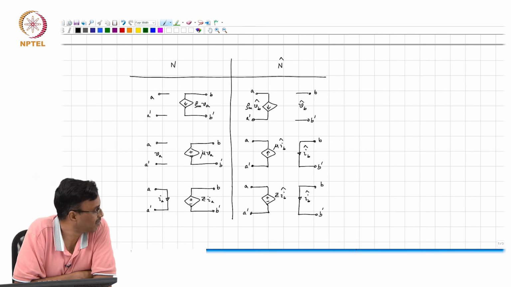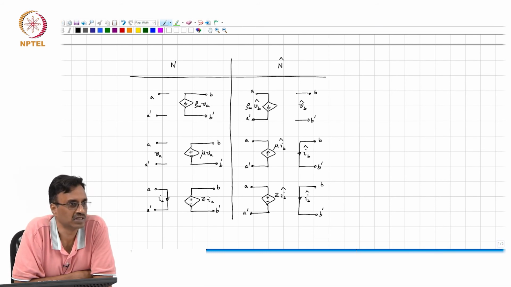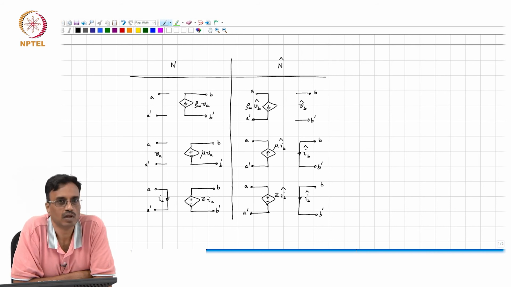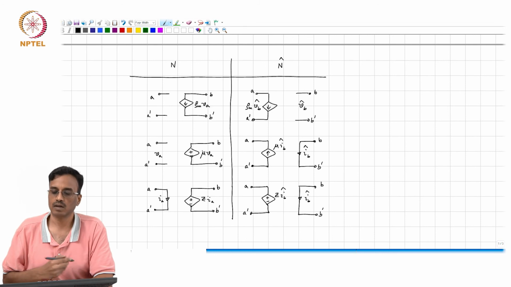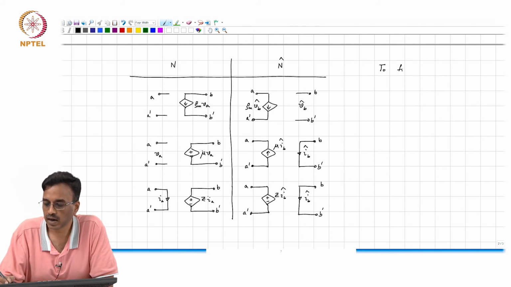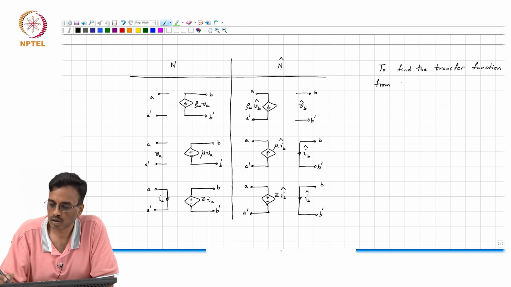Now, if you are interested in finding the transfer functions from multiple inputs inside the linear network to a single output, you do not need to despair.